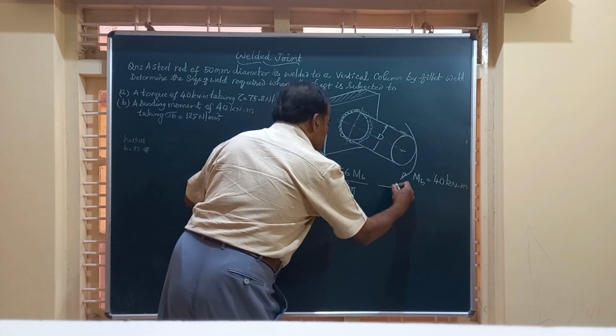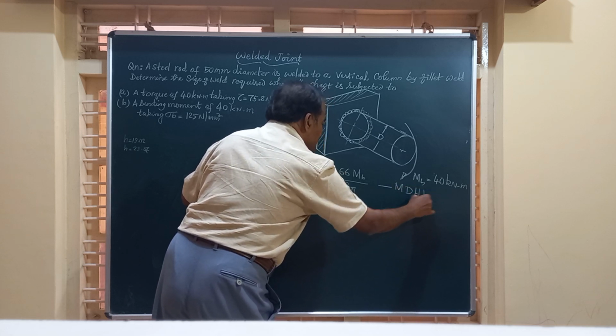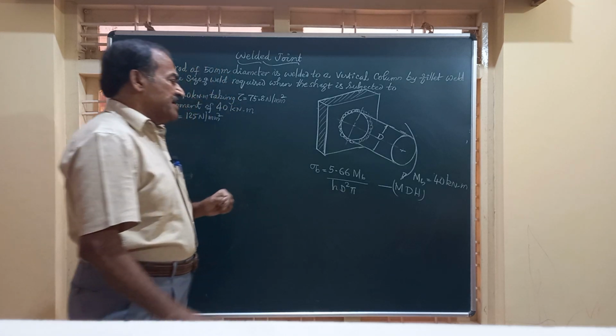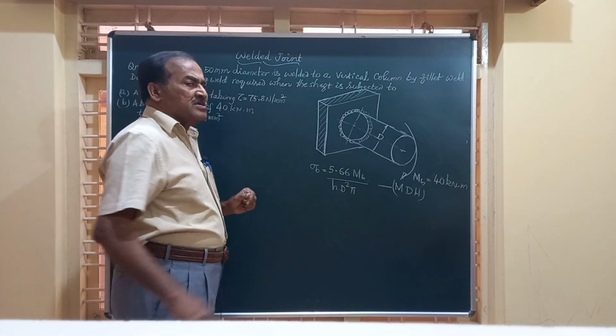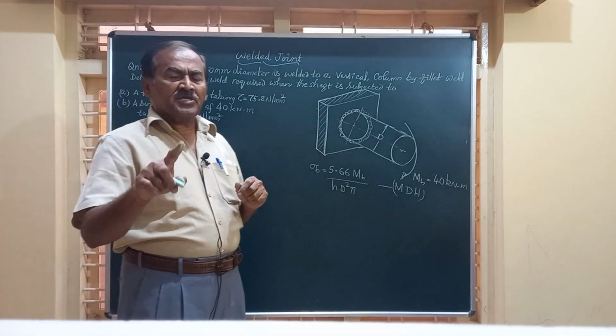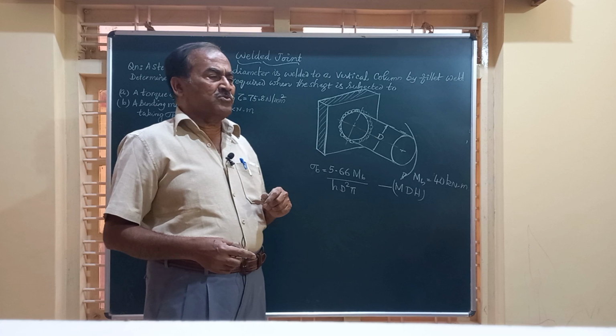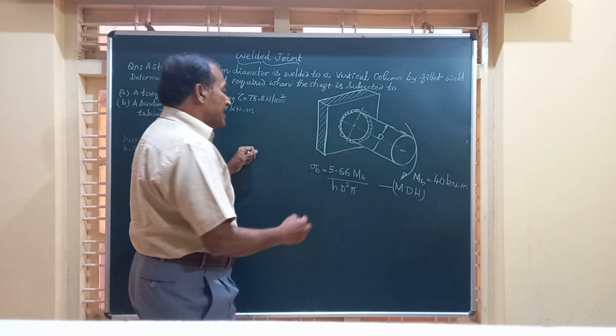This is the equation for the case of bending, and this is available in the machine design data handbook. The value of sigma B is given as 125. If not given, you will have to refer to the data handbook and obtain the value. The same value is available in the data handbook.